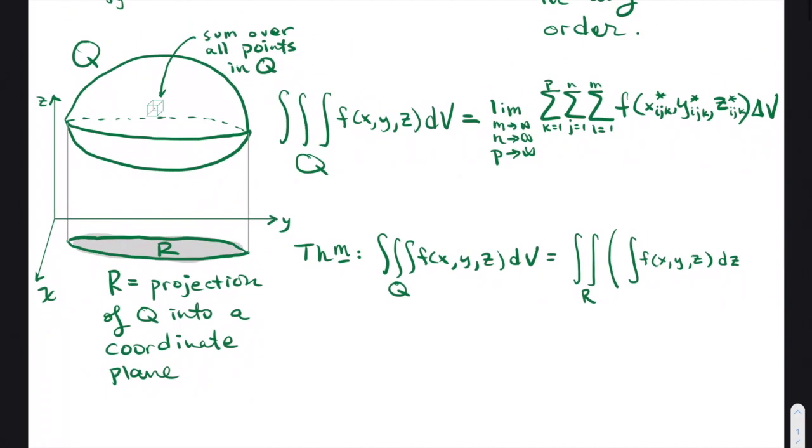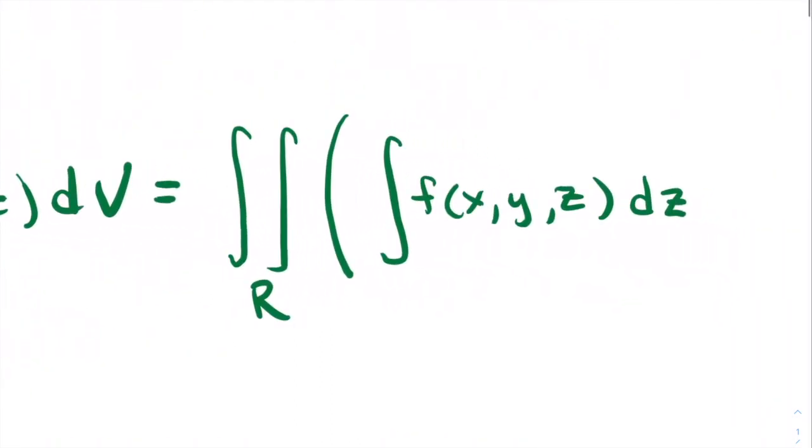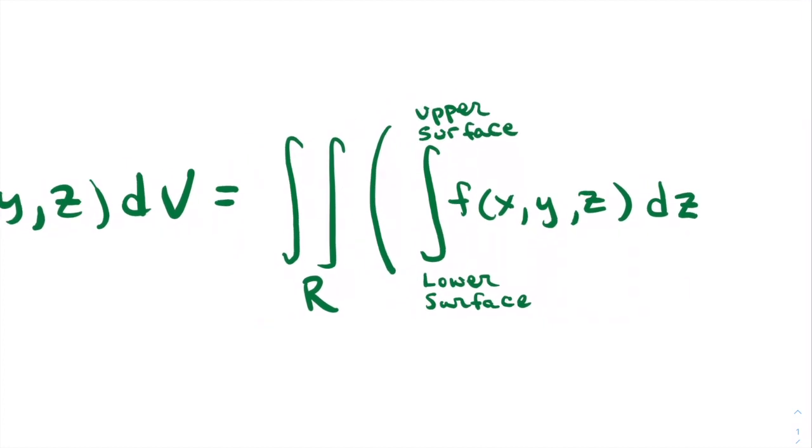So whatever the lower surface is, if z is a function of x and y, then the lower limit will be that lower surface. And of course the upper limit on z will be the upper surface. Okay, and then you just evaluate that integral, and in the end, once that's done, this just becomes a double integral on the inside, and you'll do that dA.